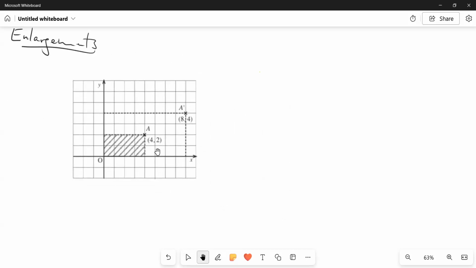Enlargement. Yeah. So let's say you take this object here, right? I think they should put in O, R. They put A there. Let's still put B here. It's so silly.